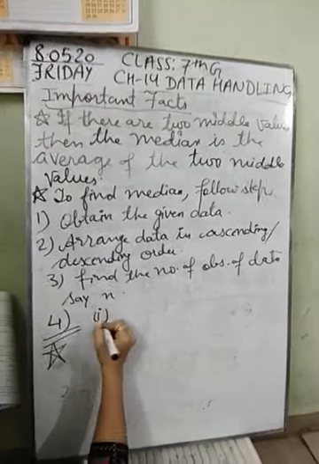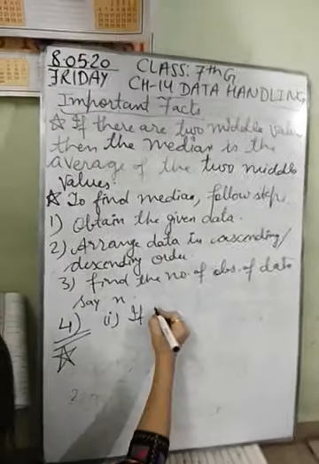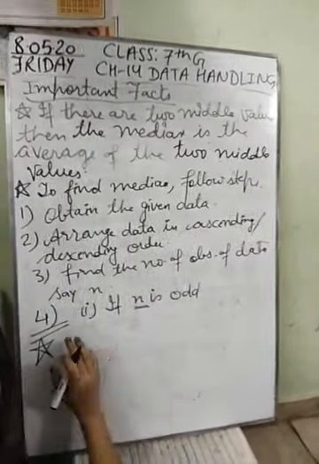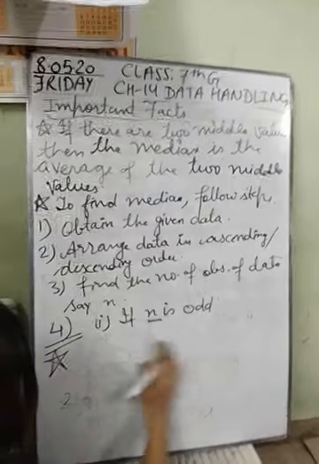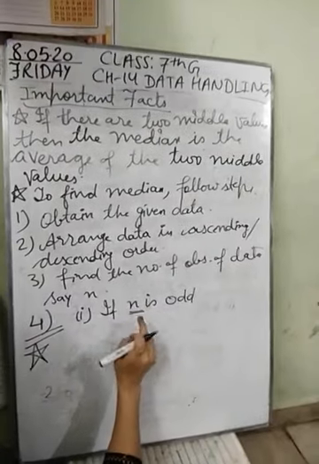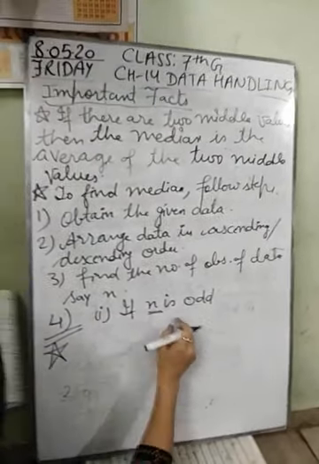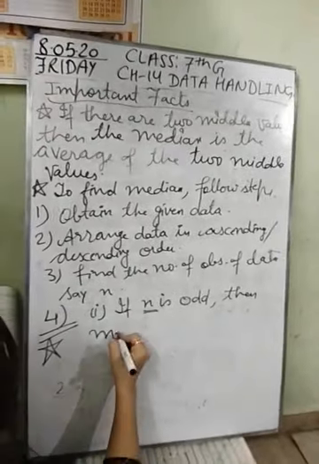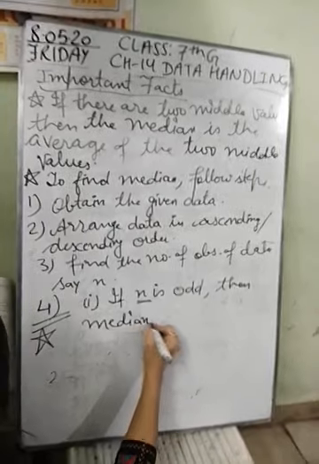Okay, so this is step number 4, the most important step. You should learn it. If n is odd. Here n means the number of observations given. When we find mean, median, mode, some numbers are given at the top, that is n. N stands for number of observations. If n is odd, then what will be the formula of finding median?